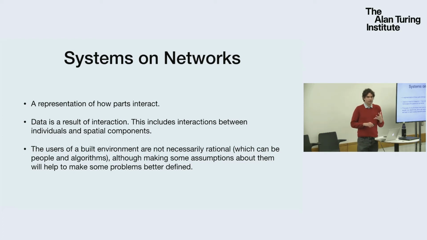What I'm really aiming at here is to understand actual people's behavior, not an idealized agent, but what people actually do when using a system like the underground. Okay, of course, it's not productive to ignore that people are not completely rational. Most of the time, they do something sensible. And you're going to exploit some assumptions about plausible choices that people might make as a way of simplifying a problem and achieving more realistic results.